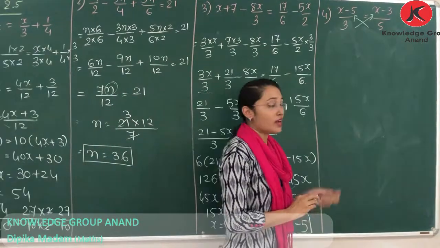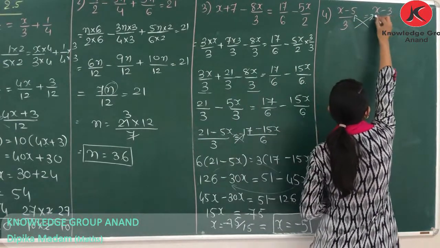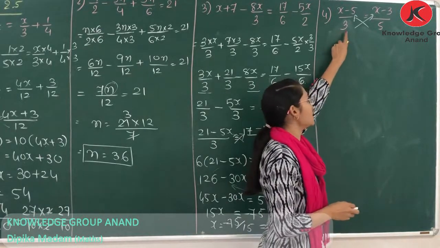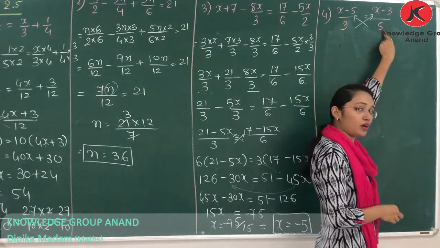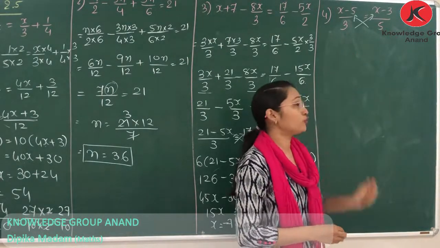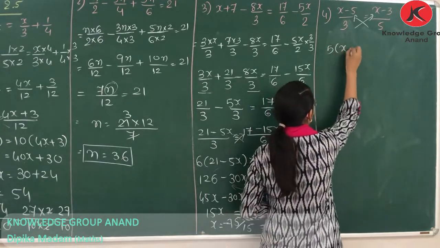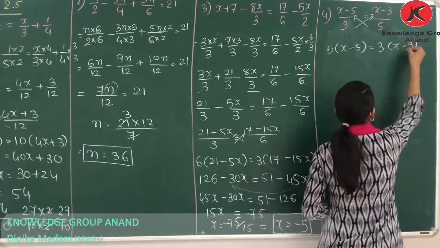Now example 4. x minus 5 by 3 is equal to x minus 3 by 5. Here denominator is 3 that is in whole divide and 5 is also in whole divide, so no need to take LCM. Directly you can apply cross multiplication. So 5 is multiplied with x minus 5 and 3 is multiplied with x minus 3.